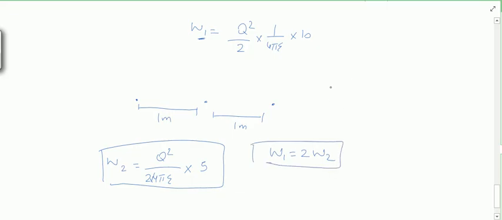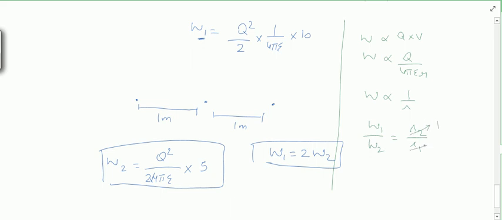You can understand this thing in a different form also. What is this energy stored? It is proportional to Q and V, and as the charge is constant, I can make it proportional to Q by 4 pi epsilon R, and so also directly with 1 by R. So you can think of W1 by W2 as R2 by R1.